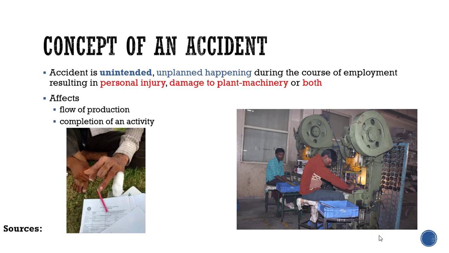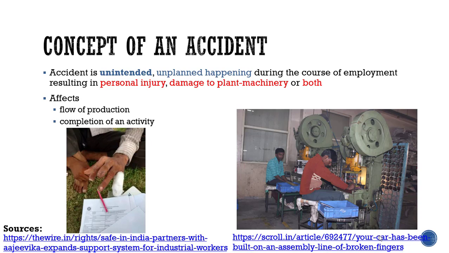These images and details I have got from two sources, a survey conducted by the Wire, an English newspaper, and an article published in Scroll. They mainly focused on the accidents which happened in mechanical industries where people are working with this mechanical press that you see.